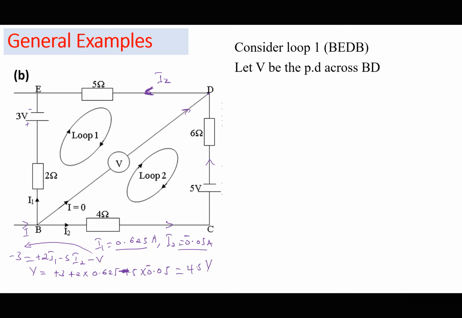So the current I2 was negative 0.5 from part A. You can check back.